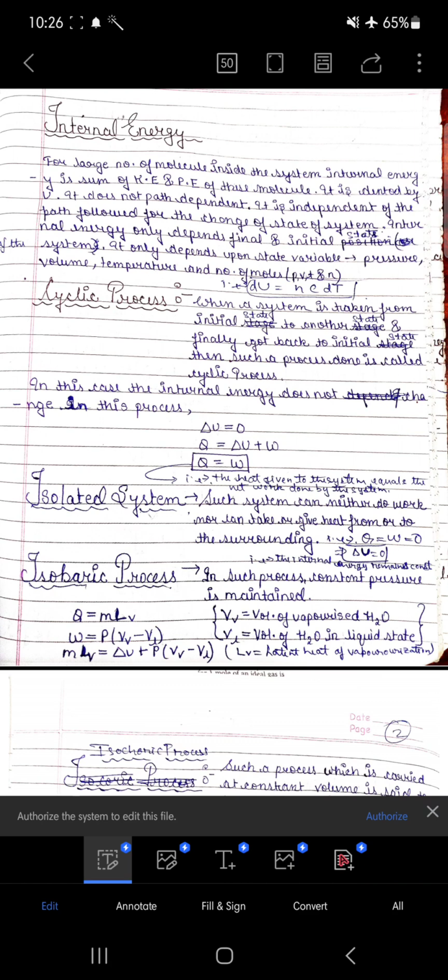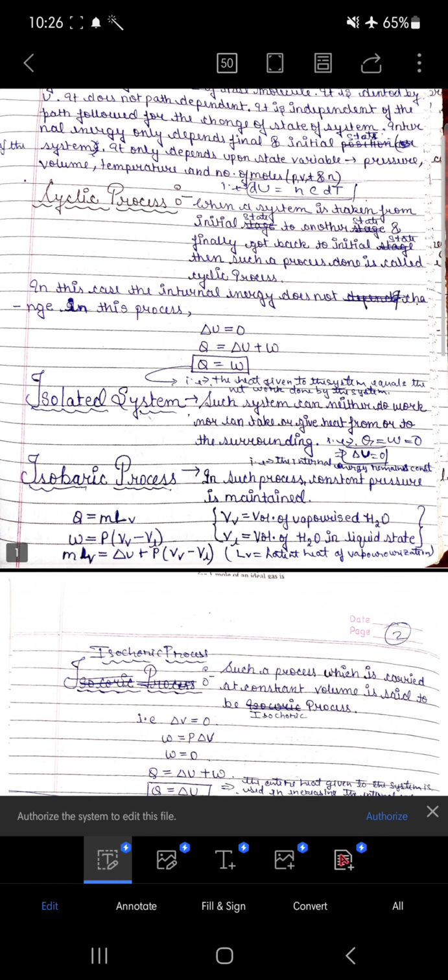Okay, and then the next point which comes under the application of the first law of thermodynamics is the isolated system.